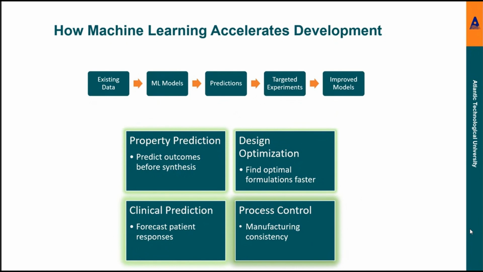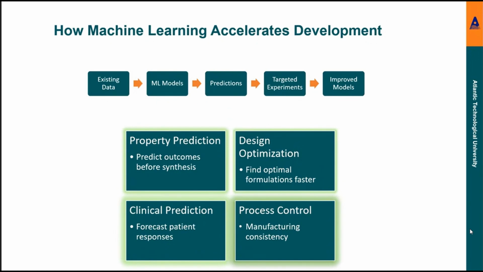So we supply this data to our model and we use a machine learning algorithm to train our model. Then we can make different predictions, which can help us in targeting some set of experiments. And as new data is being supplied, we can continue to improve on our model to ensure that we have a better model or a more robust model.